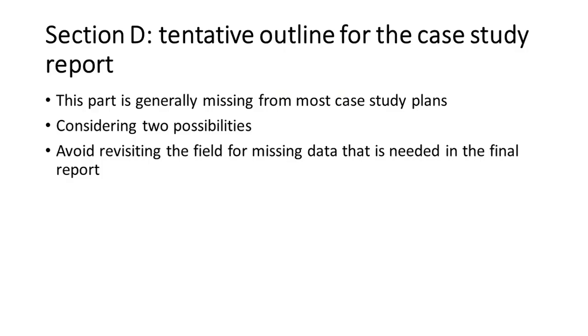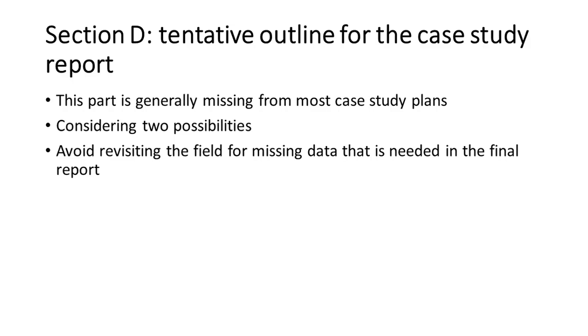So let's now move to the fourth section, which introduces tentative outline for the case study report. Often this part is omitted from most case study plans. But consider two possibilities regarding report outline when you are adding this part to your protocol.